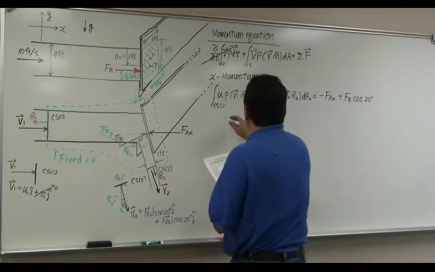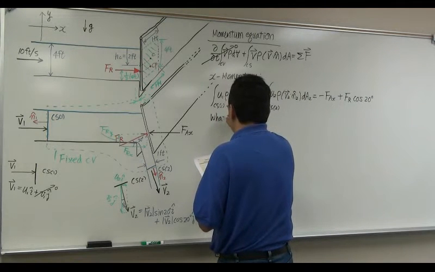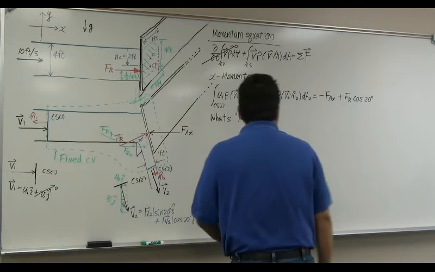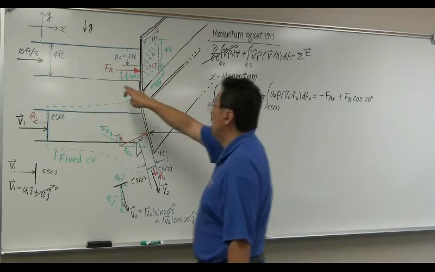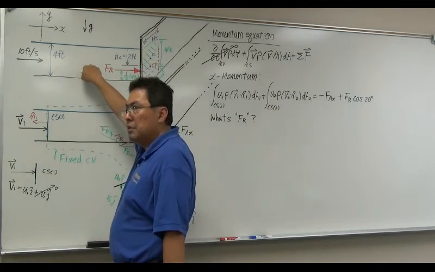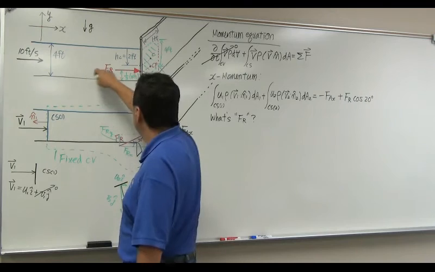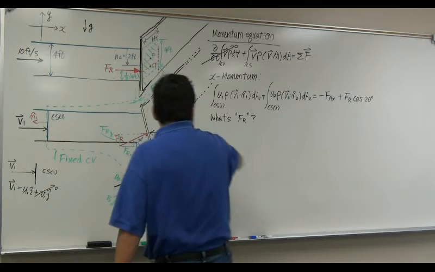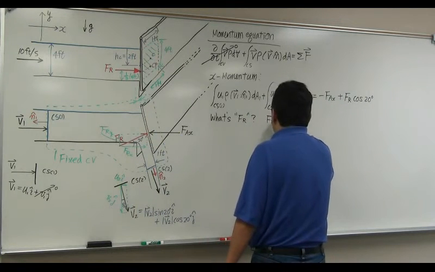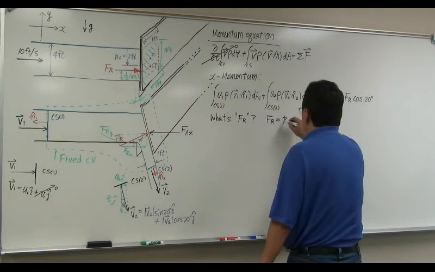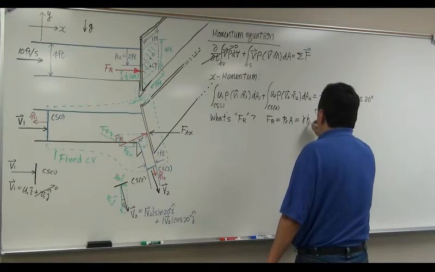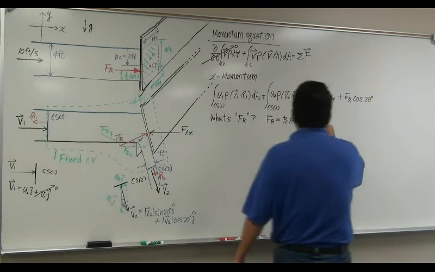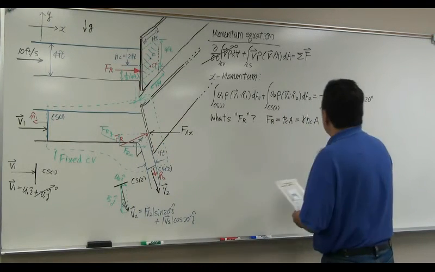Now, what is F1? Magnitude of F1. Do you remember the magnitude of F1? The magnitude of the hydrostatic resultant force is the pressure developed at the central location multiplied by the cross-section area. So remember, F1 is equal to PC times A. PC is gamma times HC, the hydrostatic gauge pressure, multiplied by the area submerged under the water.